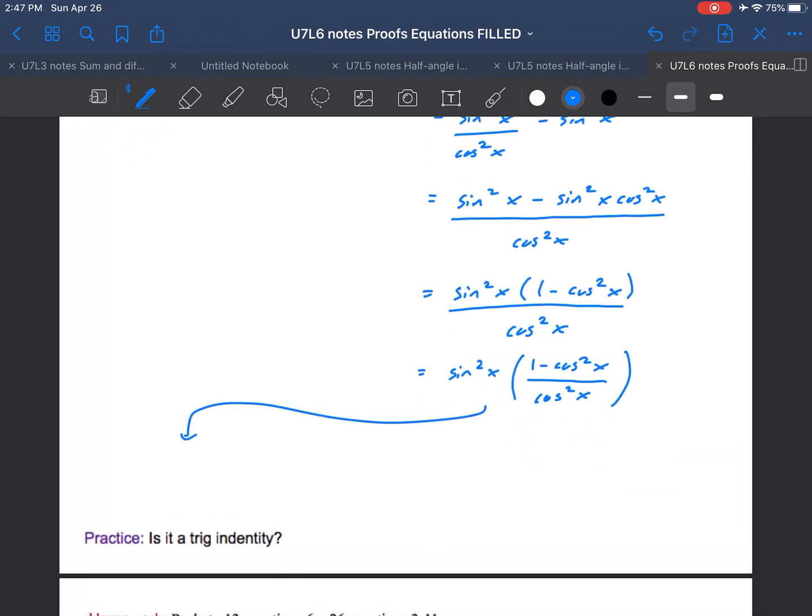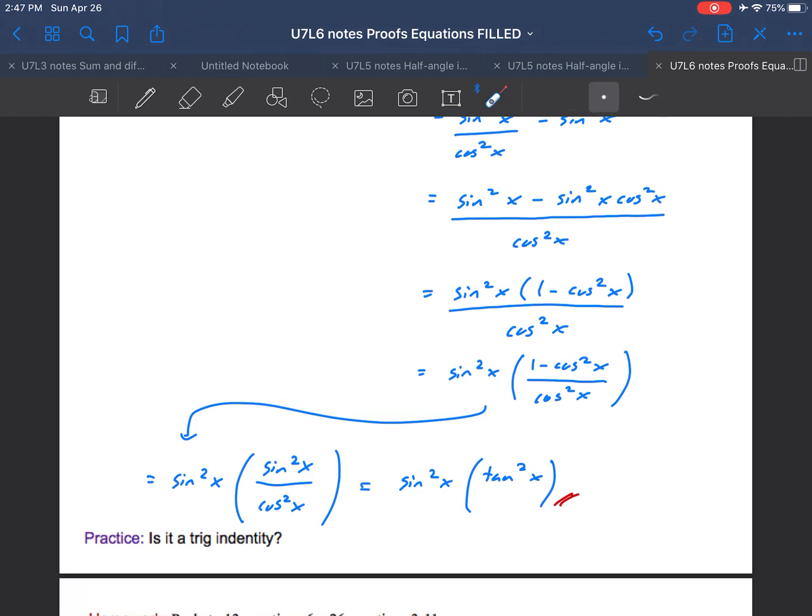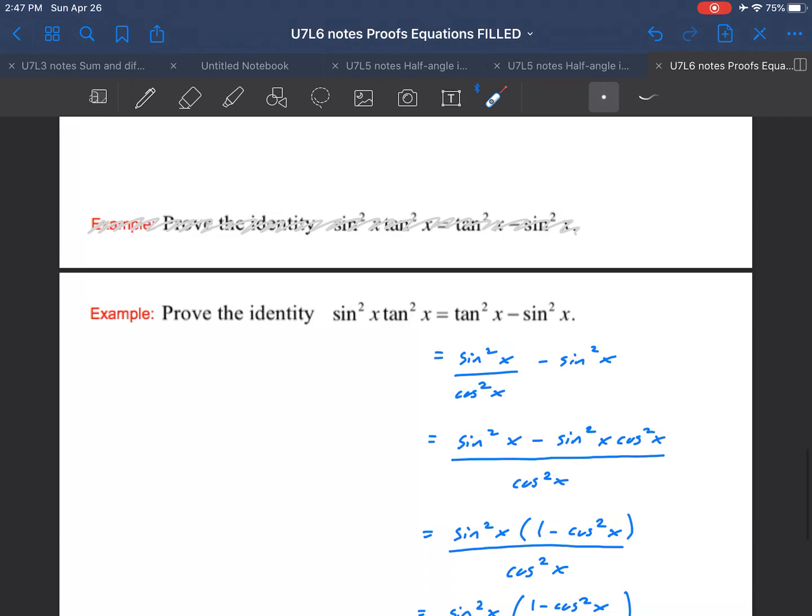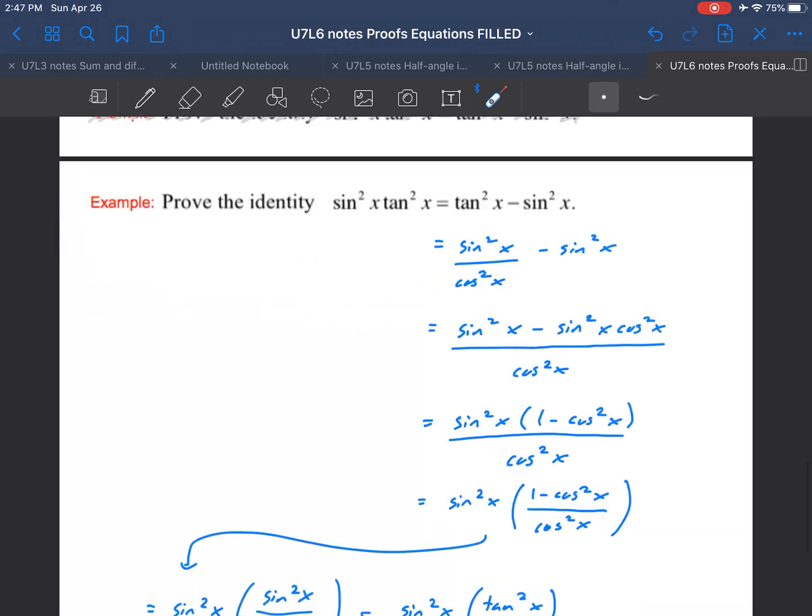So this is equal to sine squared x times sine squared x over cosine squared x, which is equal to sine squared x times tan squared x. And then we're done. So sometimes I like to just put that double mark there. So sine squared x tan squared x, sine squared x tan squared x.